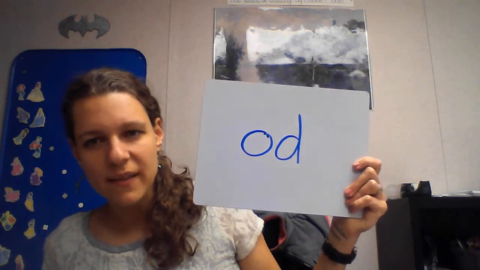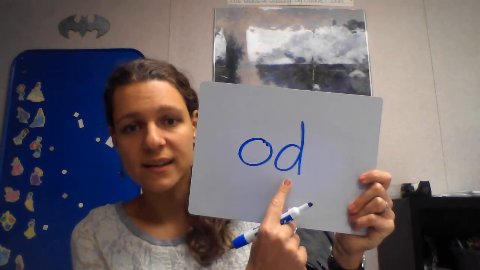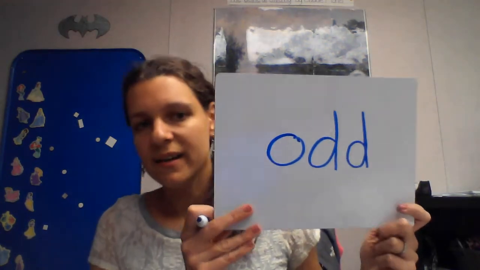No, that's not how we spell that word. What do I have to do to this? Good, I'm going to double it. So go ahead and write odd. Say the sounds while you write them. And check and make sure it looks like mine.